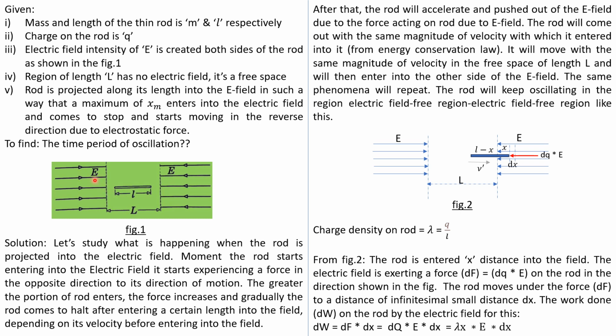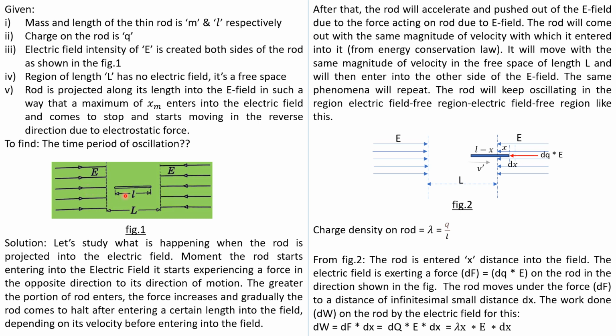Again the same thing will happen. Since the E field intensity is the same, it will start experiencing the electrostatic force in this direction. It will slow down and at maximum it will enter xm, because xm is what it entered on this side when it was projected with the velocity v, and with the same velocity it is entering here.